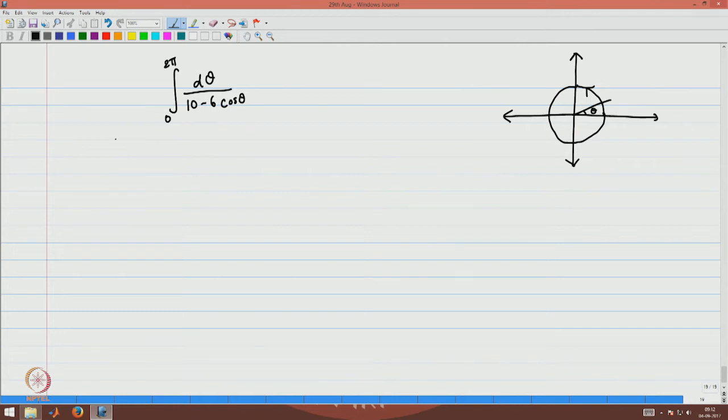So, what is done is you make the following substitution: z equal to e raised to I theta.